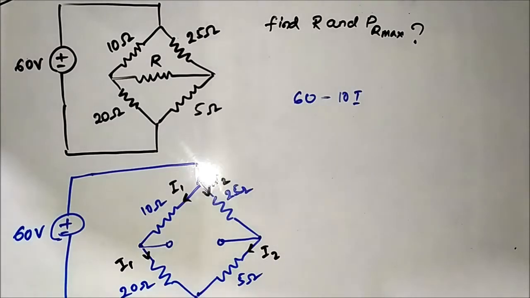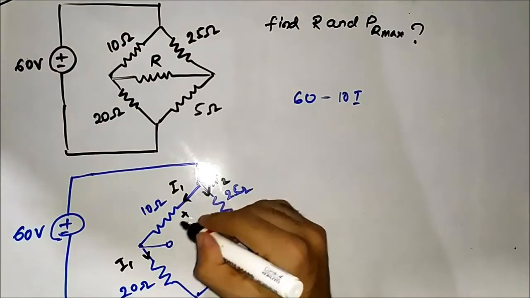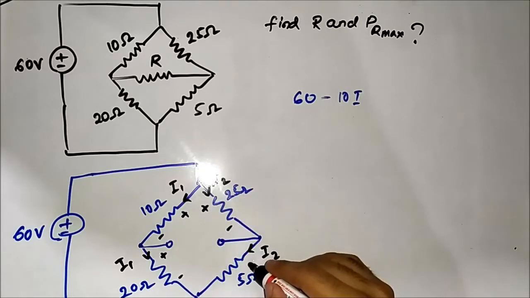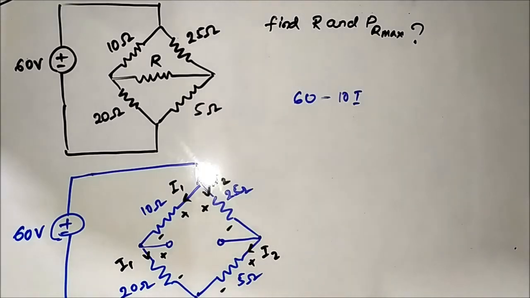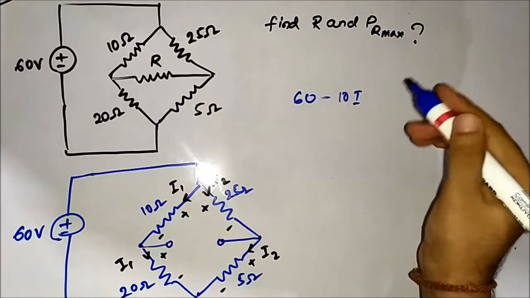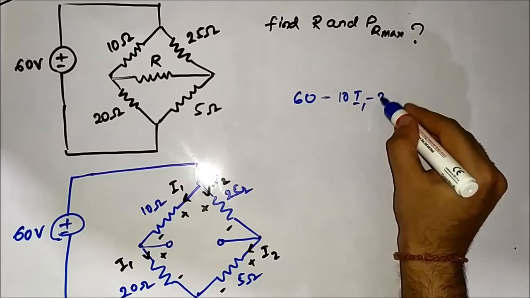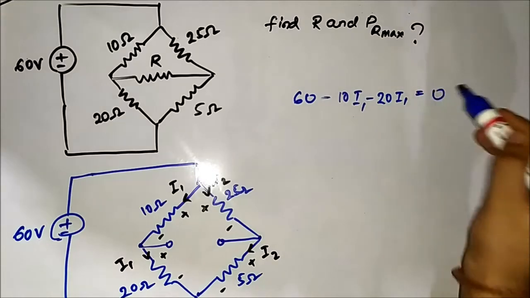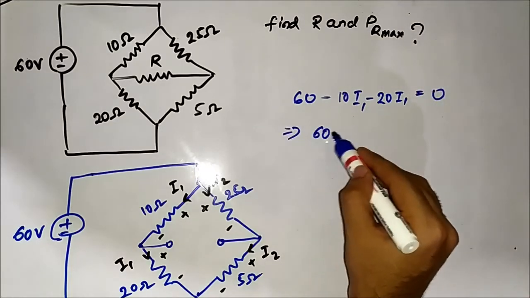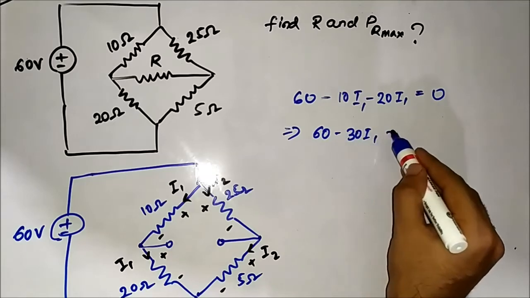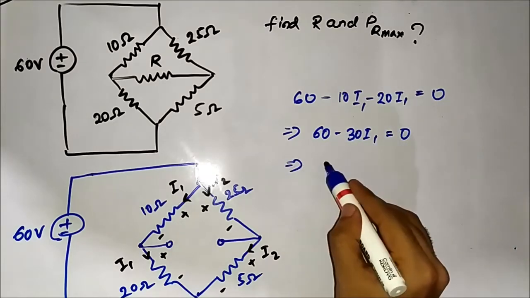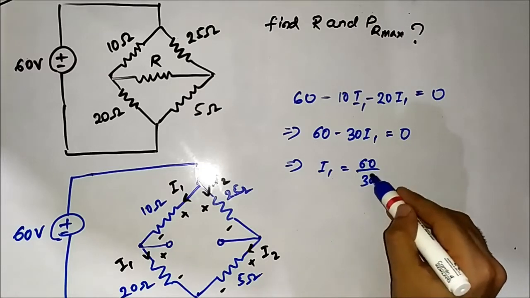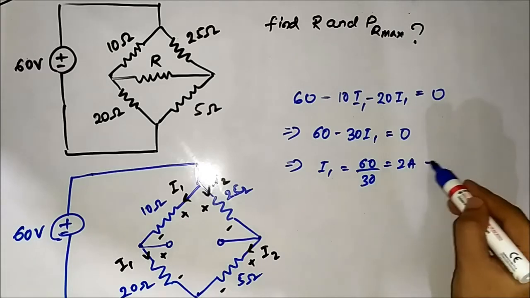This is the polarity, plus minus, here also plus minus and plus minus. So it is 60 minus 10 I1 minus 20 I1 is equal to 0. That implies 60 minus 30 I1 is equal to 0. That implies I1 is equal to 60 by 30, which is equal to 2 ampere. So I1 is equal to 2 ampere.